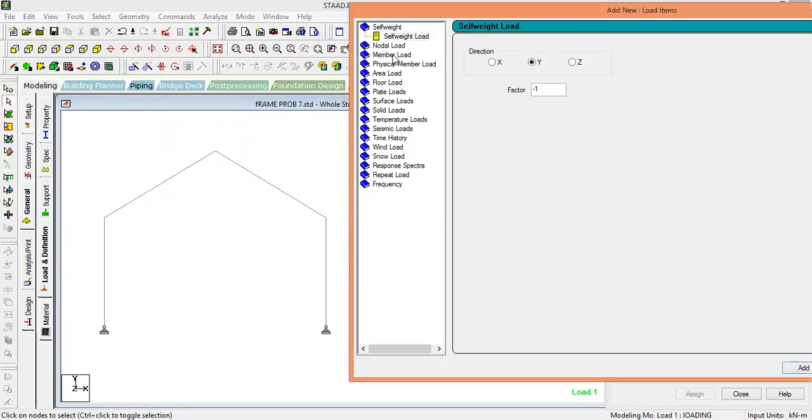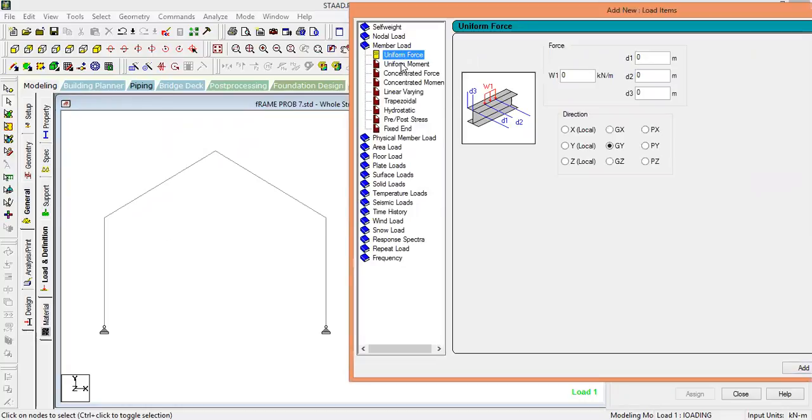Let's directly go to member load, uniform force. You have a 5 kilonewton load, and you know that in the horizontal direction it is acting in the negative direction. If you remember the problem, it is acting in the negative direction of the global x-axis. Global x is positive in this direction, but here the force was acting in the negative direction.